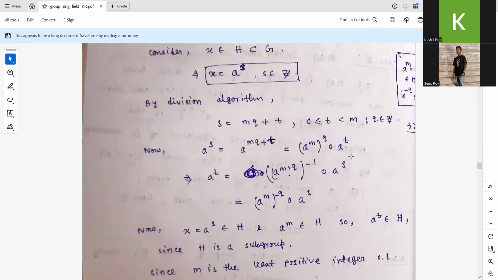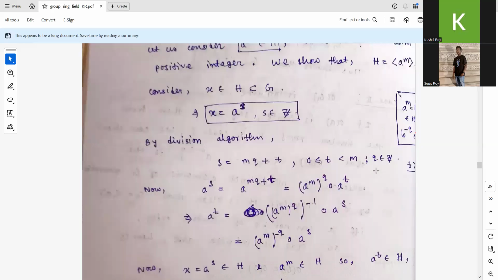So this inequality holds. So a to the power s is equal to a to the power mq plus t. That is a to the power s equals (a to the power m) whole to the power q, composition a to the power t. Now (a to the power m) to the power q whole inverse composition a to the power s.